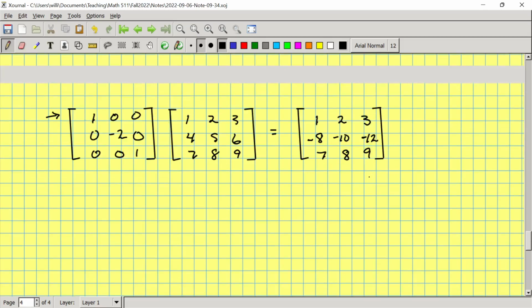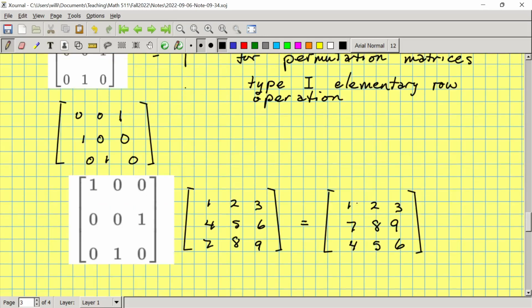So we have type 1 elementary matrices and type 2 elementary matrices. By the way, are type 1 elementary matrices invertible? Yes, they should be. In fact, what is the inverse of a permutation matrix? It's itself, right?